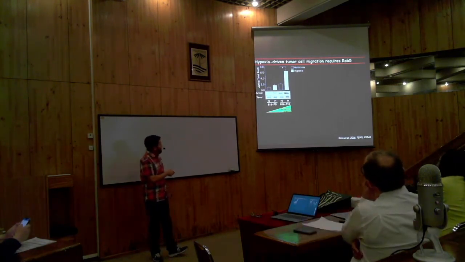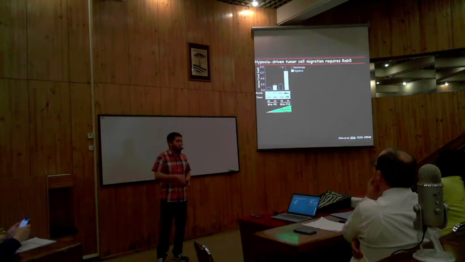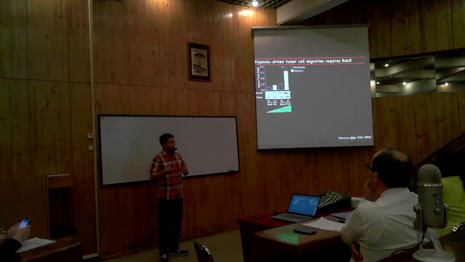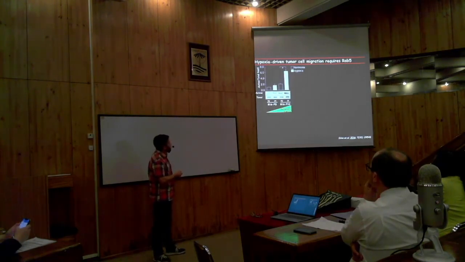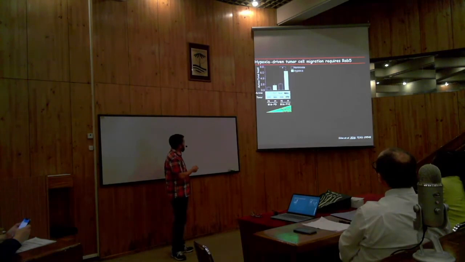B16F0 is a melanoma cell line with a low potential to develop metastasis in vivo. B16F10 has a high metastatic potential. And they are both isogenic.